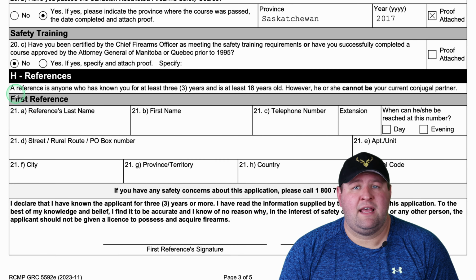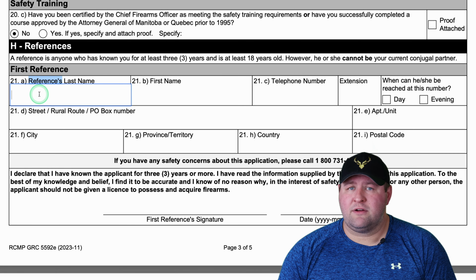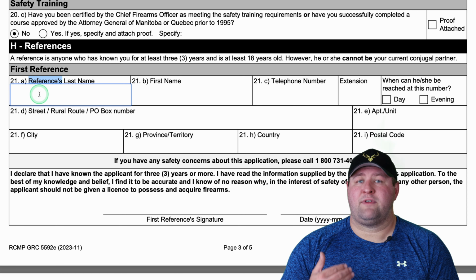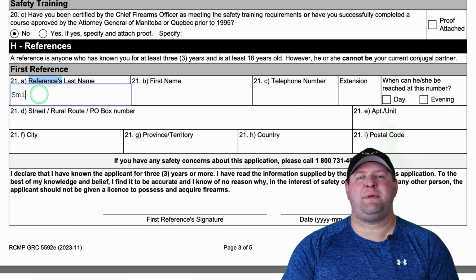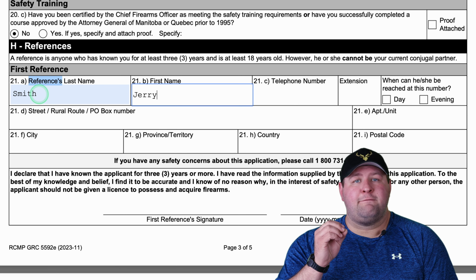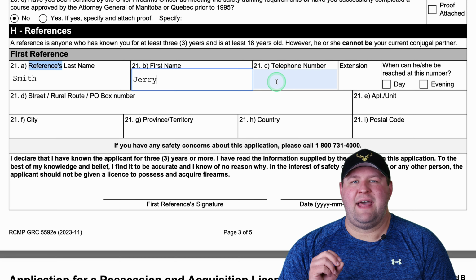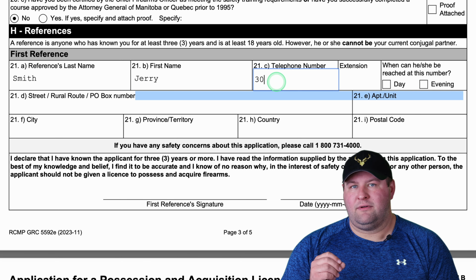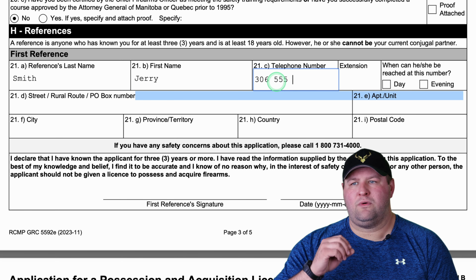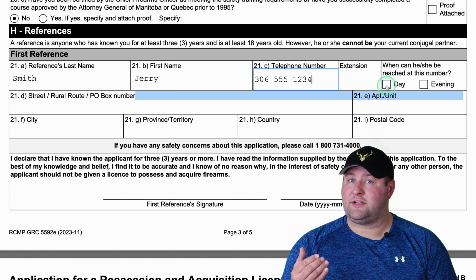Next are your references. And your reference is someone who's known you for over 3 years and is over 18 years old, and it cannot be your conjugal partner. So I recommend you pick one of your friends, or actually 2 of your friends, that is easy to get a hold of. With the non-restricted firearm license, they don't tend to contact your references.